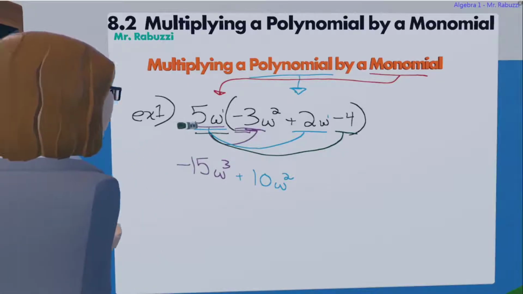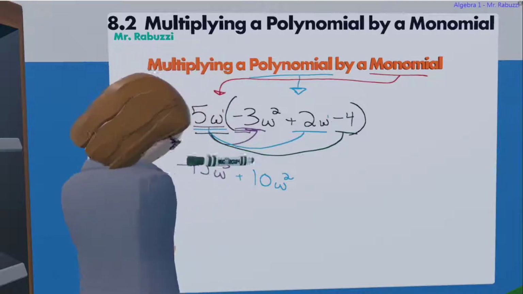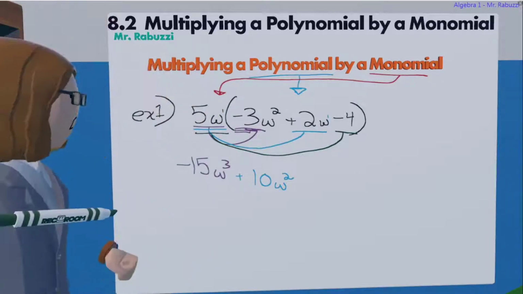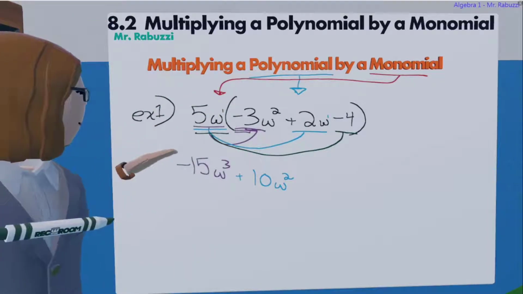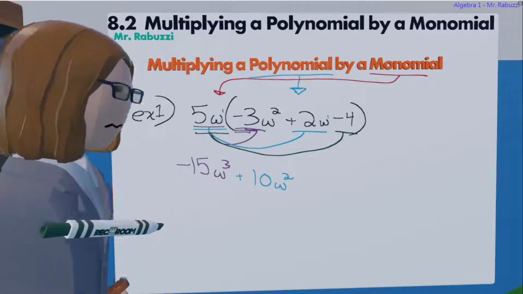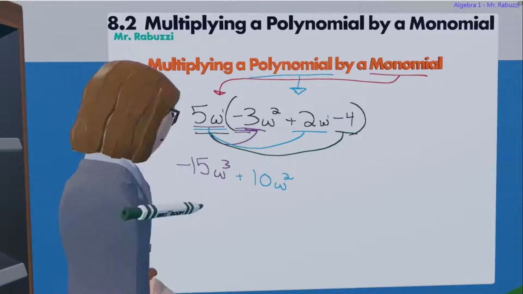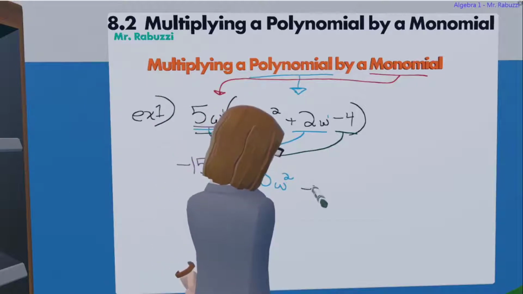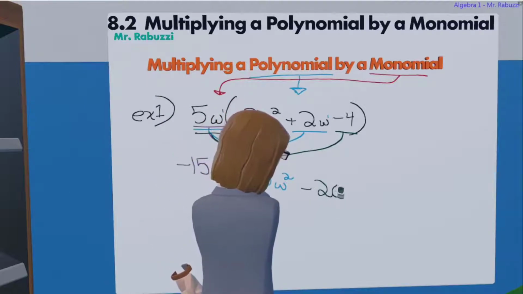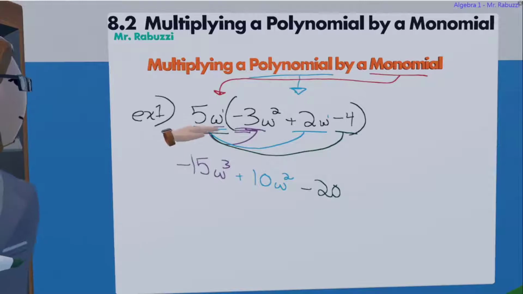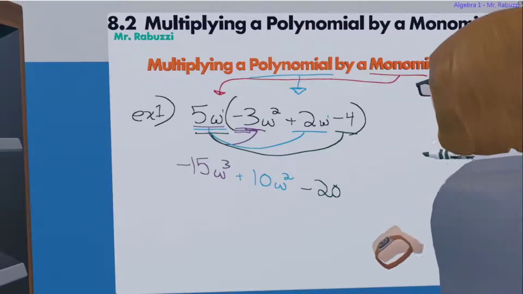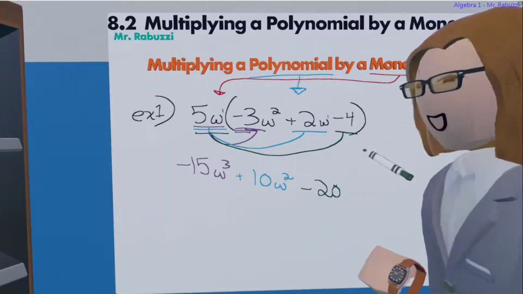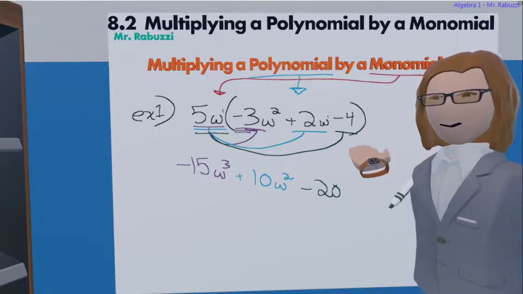On the green line, we're going to do 5w times negative 4. So we're going to start with 5 times negative 4. That's going to be negative 20. And w times empty. If there's nothing there, it's a 1.